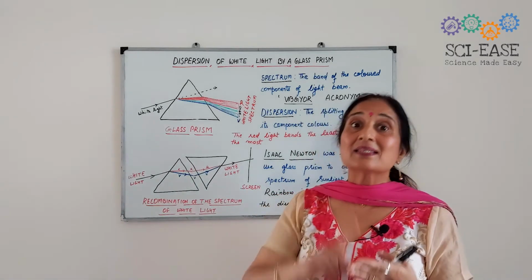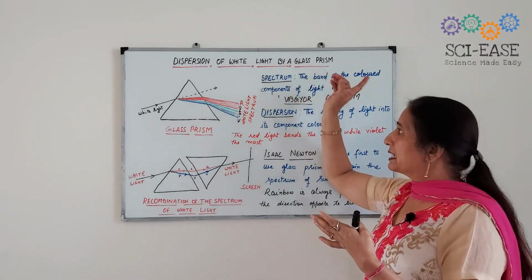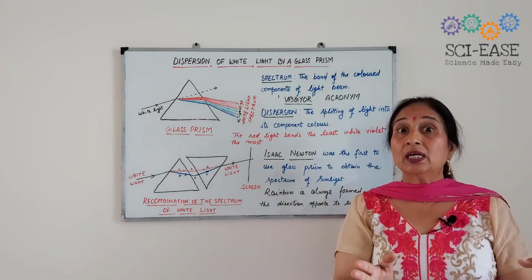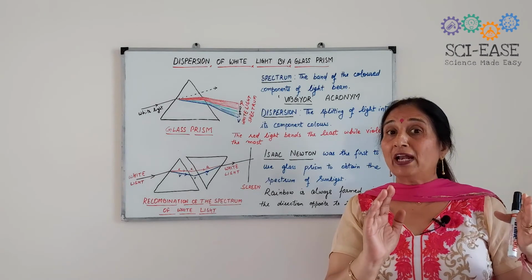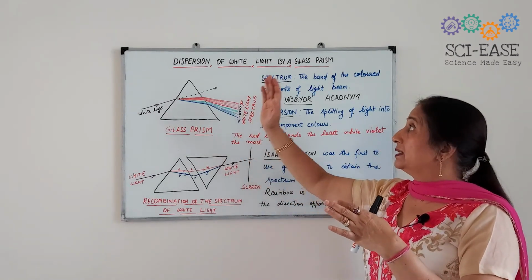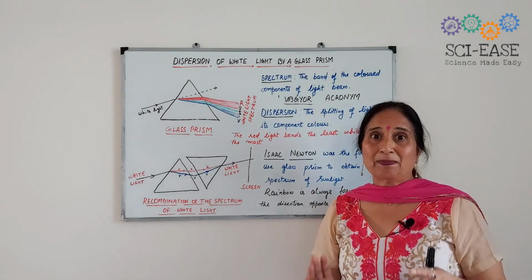So this is the dispersion of white light by a glass prism. We have read about the refraction of light through a glass slab, and this is the dispersion of light by a glass prism.